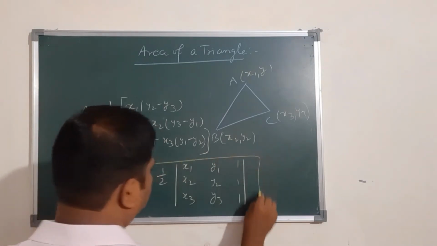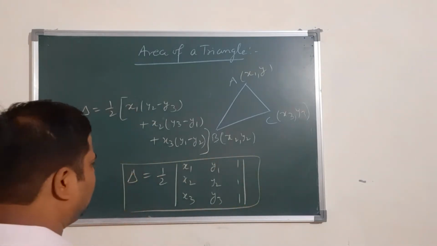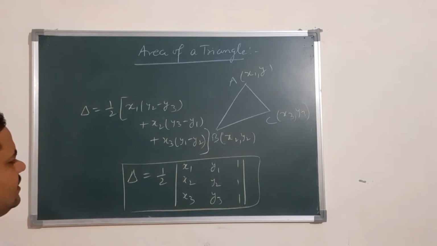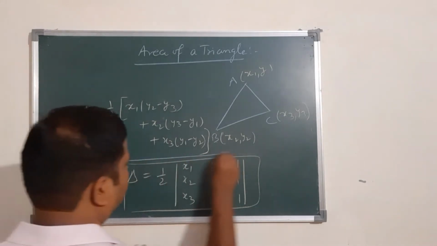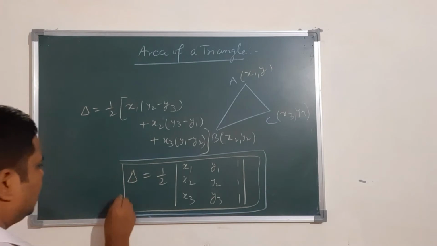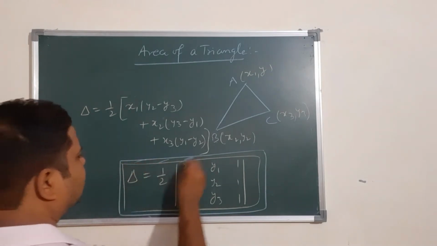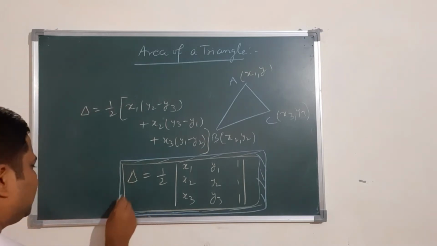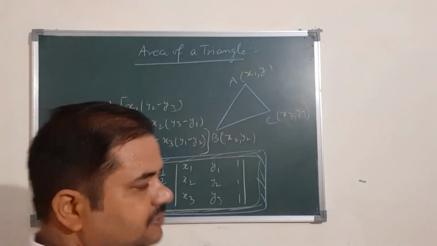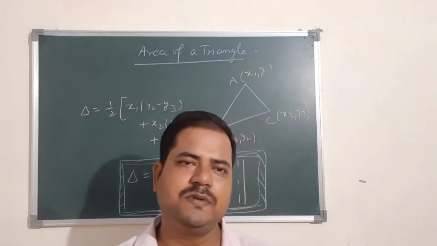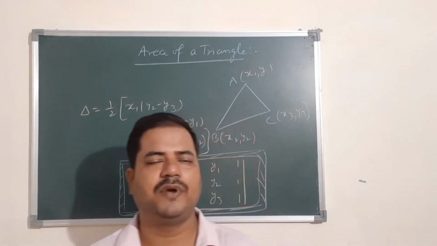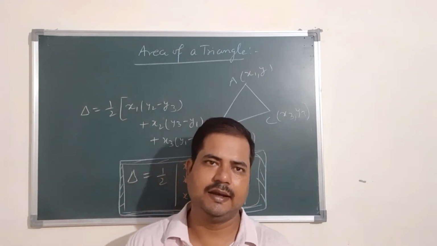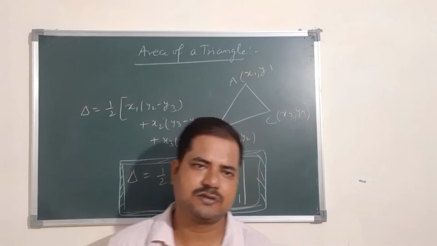So this is the area of the triangle with vertices (x1, y1), (x2, y2) and (x3, y3). Now we shall discuss some questions based on this, and then cofactors and minors in the next lecture.